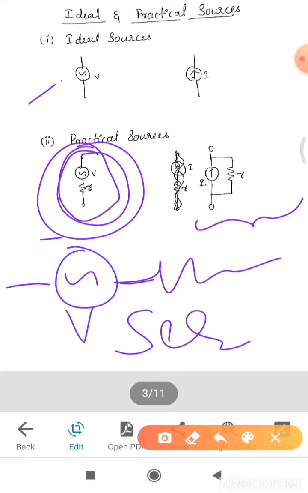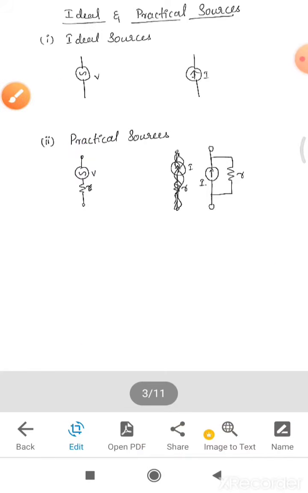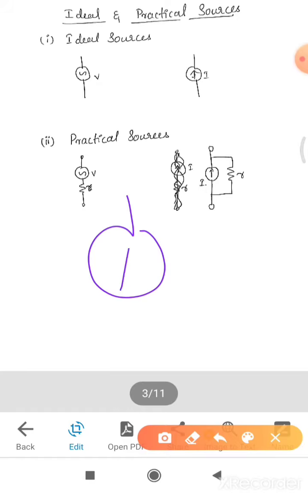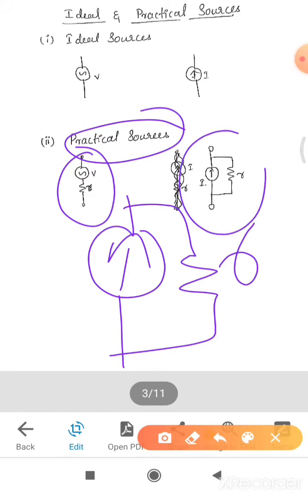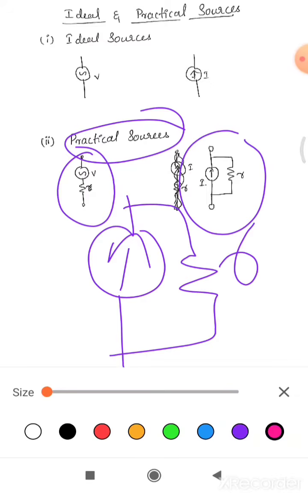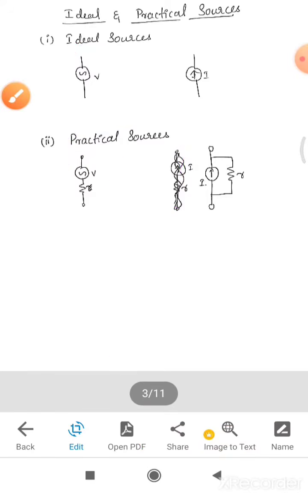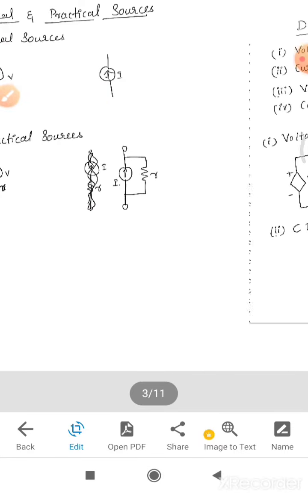Whereas in a current source, the current source will be present and the internal resistance will be connected in parallel to it. Remember these two. These are called practical voltage source and practical current source, and these are the ideal voltage source and ideal current source. So this is about practical and ideal sources.